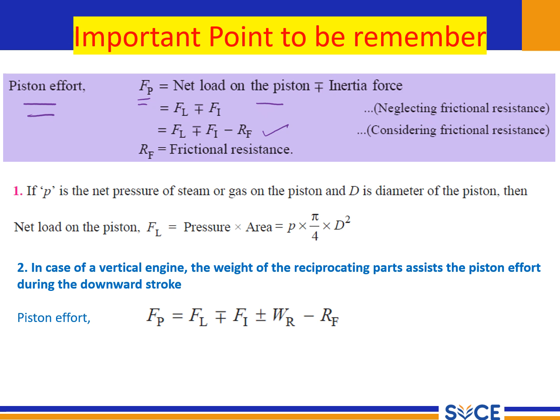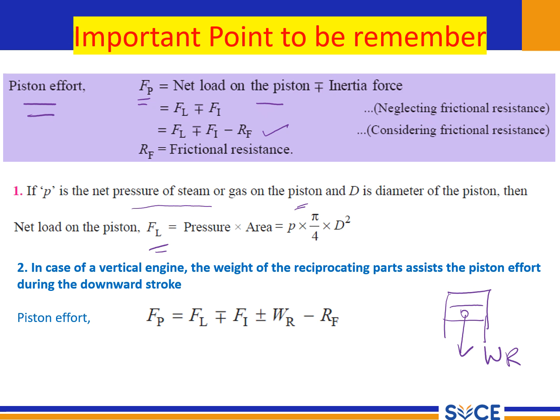If P, the net pressure of the steam or gas on the piston, is given, then for a single acting cylinder we can calculate FL like this, pressure into area. For a double acting cylinder, in the previous slide we calculated pressure 1 into area 1 minus pressure 2 into A. Next, for vertical engines, very important, the weight of the reciprocating parts plays a very important role in acceleration.